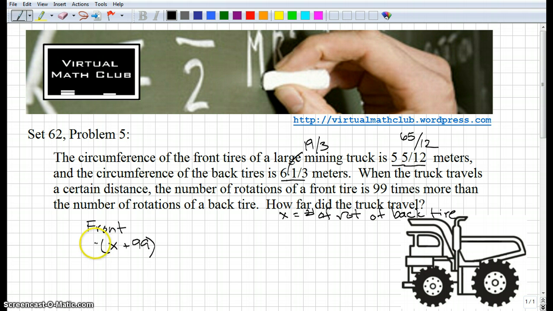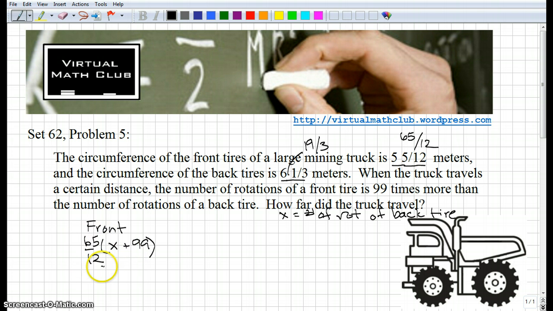in a certain distance, and if we were to multiply the circumference of the tire times the number of rotations it makes, we would get that distance, okay? So the circumference of the tire is 65/12. So this gives us how far the front tire moves when it goes x plus 99 rotations, okay?